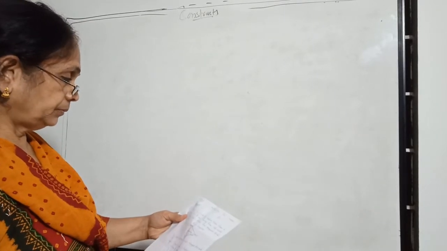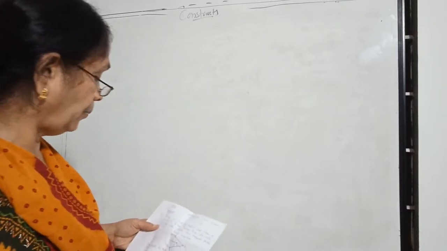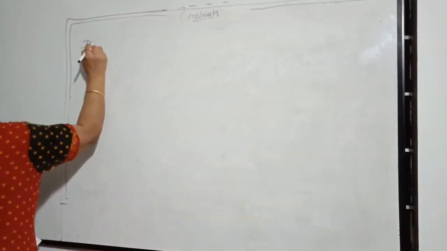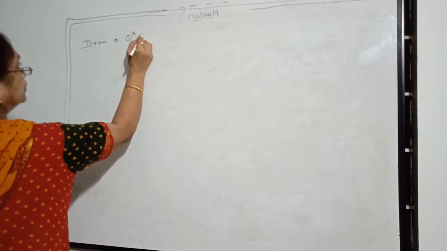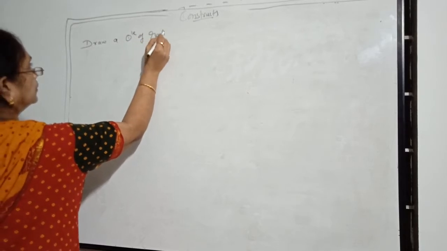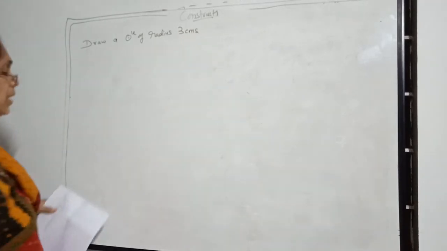Now, construction on tangents, very very important. Draw a circle of radius 3 centimeters. Everyone can draw this. One more question.